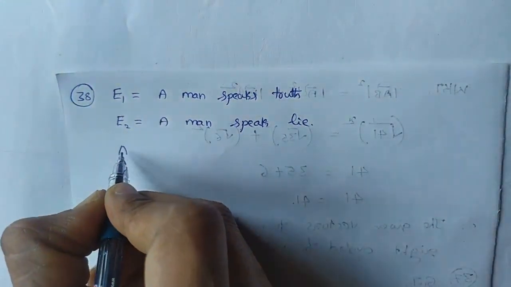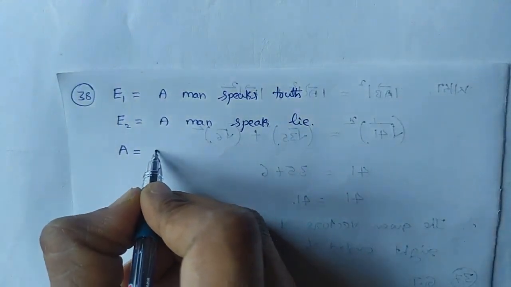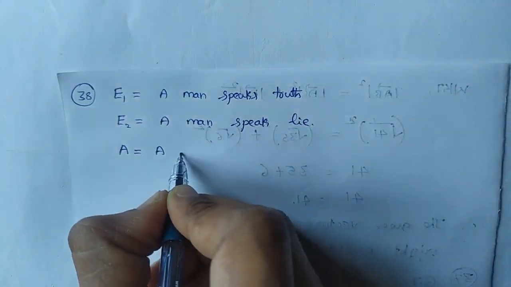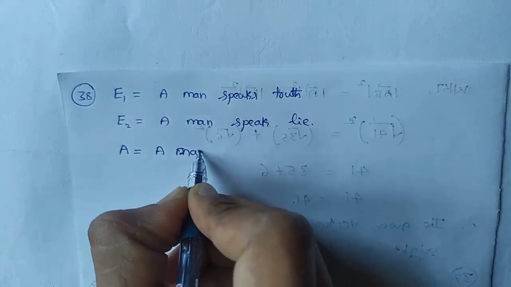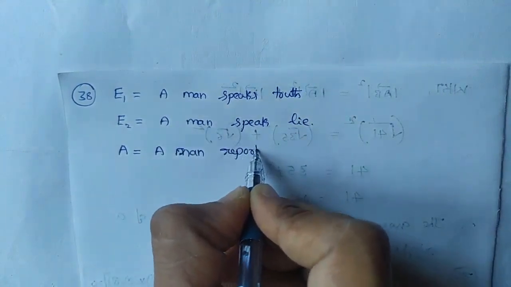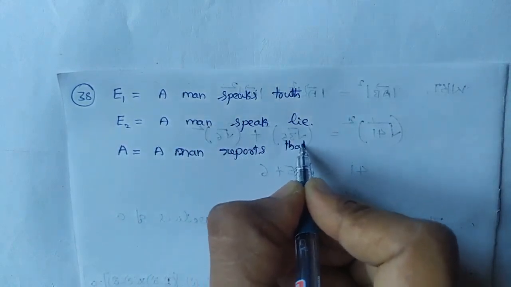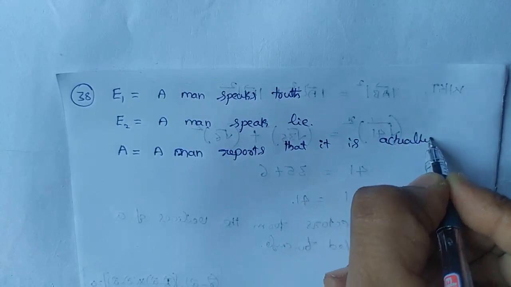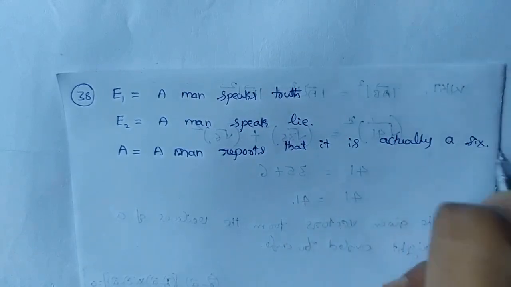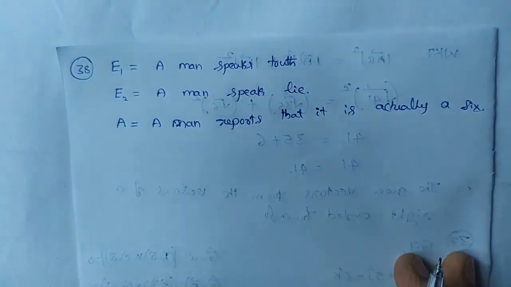Next, we define an event A: a man reports that it is actually a 6. We just defined the events.